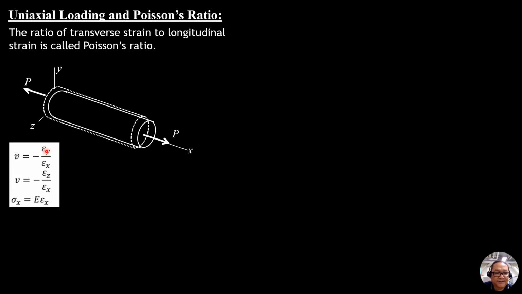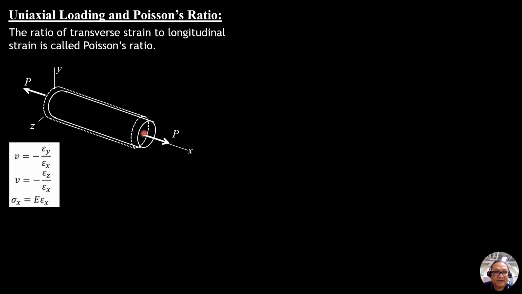Again, the negative sign is preceded because if we have positive strain along the x-axis, because the body elongates, then along y and along z we have contraction. That's why the strains there would be negative, and Poisson's ratio is positive. So to make it positive, a negative sign is preceded.